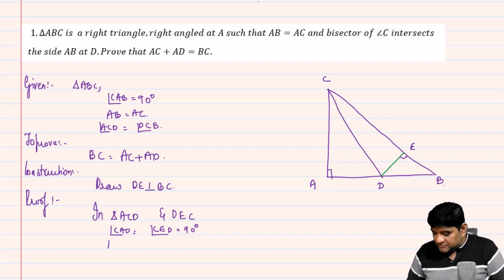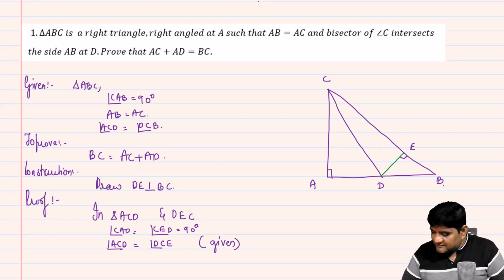Along with that, I also know that angle ACD is equal to angle DCE. Now this is given to me, because CD is an angle bisector, and therefore these two angles are going to be equal. And then I have CD as a common side.